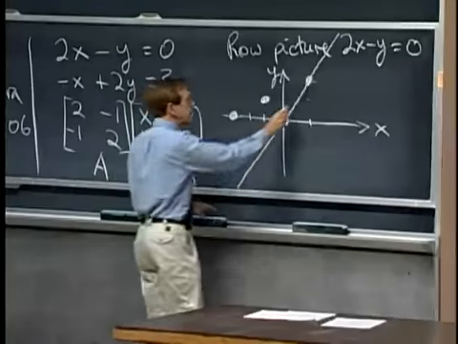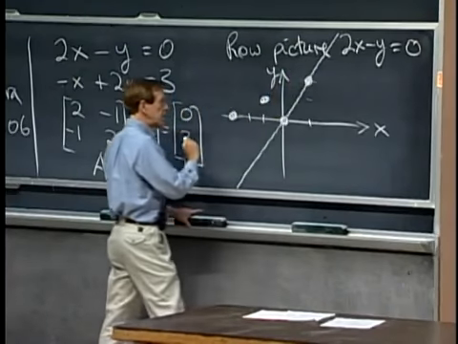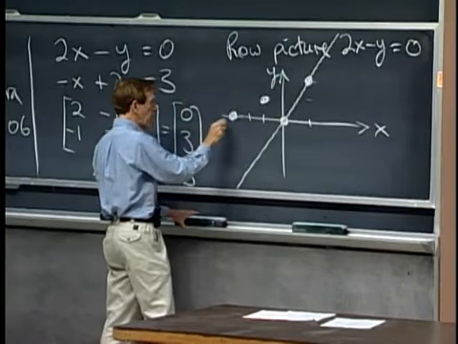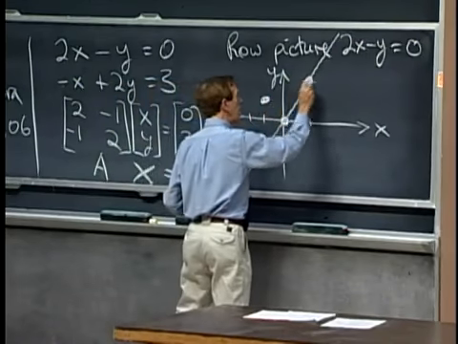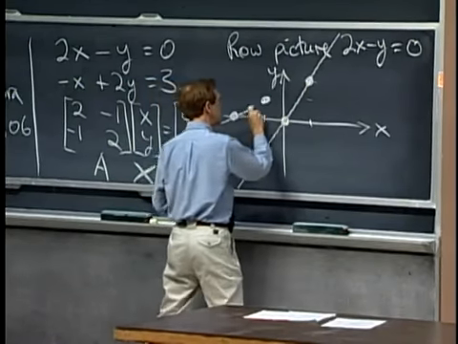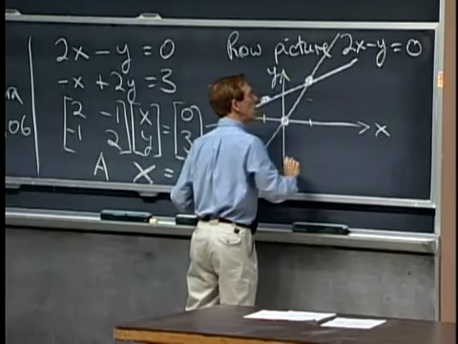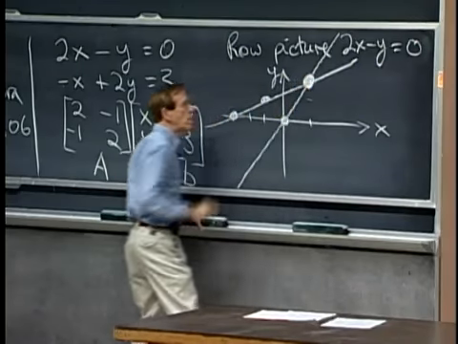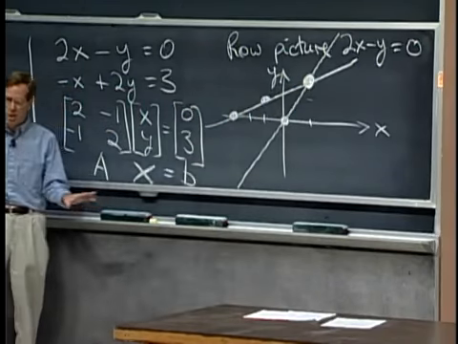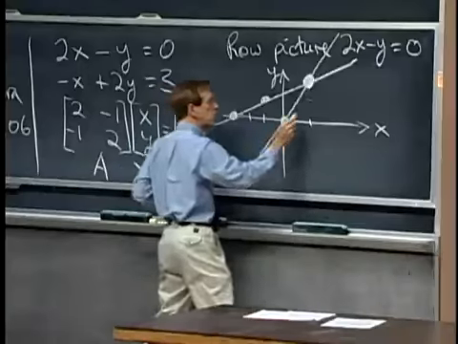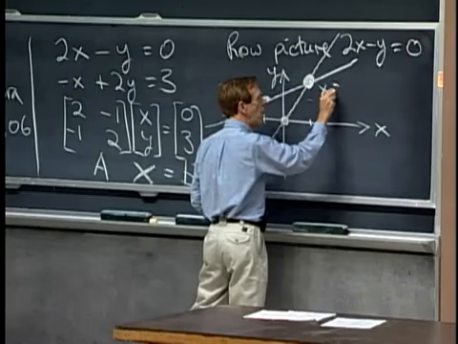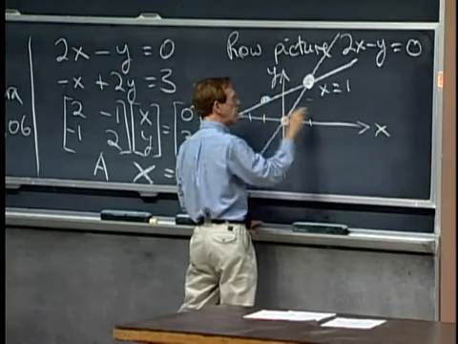And if I've done this reasonably well, I think it's going to go through, well, not happen, it was arranged to go through that point. So I think that the second line is this one, and this is the all-important point that lies on both lines. Shall we just check that that point, which is the point x equal 1 and y equal 2, right?